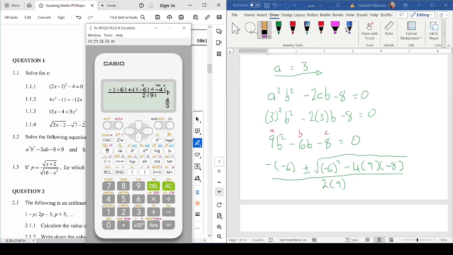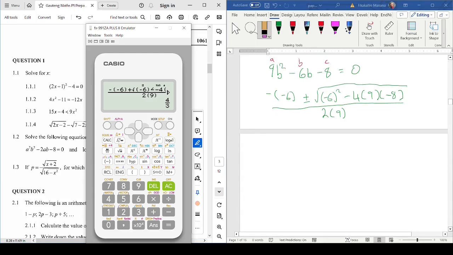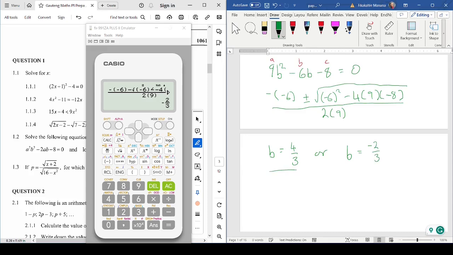So now I have that b is equals to 4/3, or, let's go back to the equation, go upstairs, go to the side. Remove that plus, put a minus, and b is equals to -2/3.